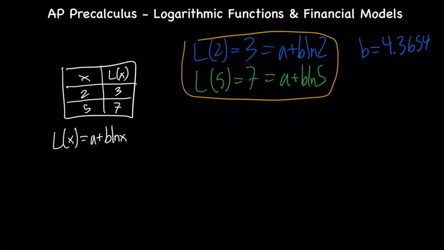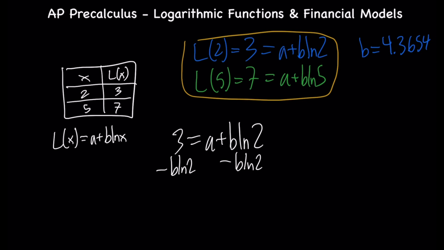So the way to find A is you have to take one of these equations. So let's take L of 2, because 3 equals A plus B ln 2, right? We know what B is already. We have the value right here. Now we want to isolate A on one side. So we just have to subtract B ln 2 on both sides.